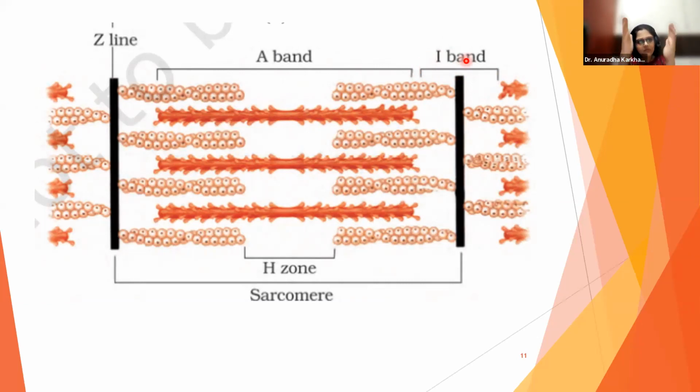While the A band remains the same. There will be no difference in the A band. This will be pulled inwards, but the A band will not be affected. The A band is going to have actin plus myosin. Right? Correct. Got it?